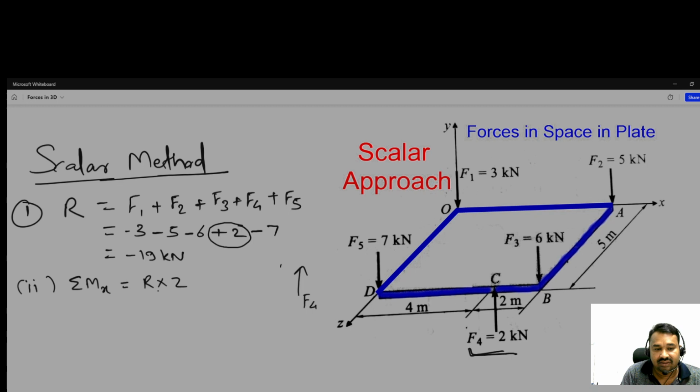It is not the cross product. It is Varignon's theorem.